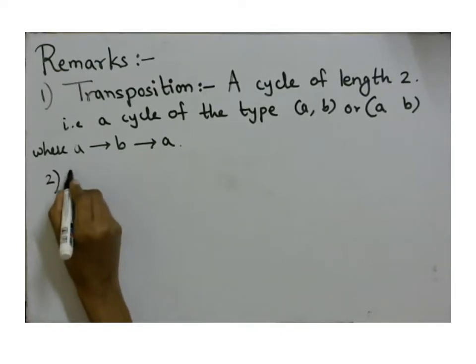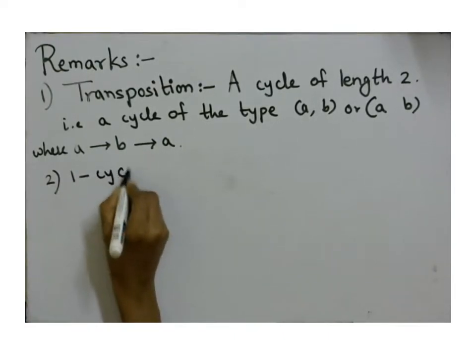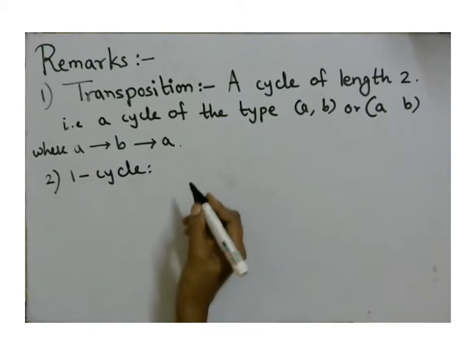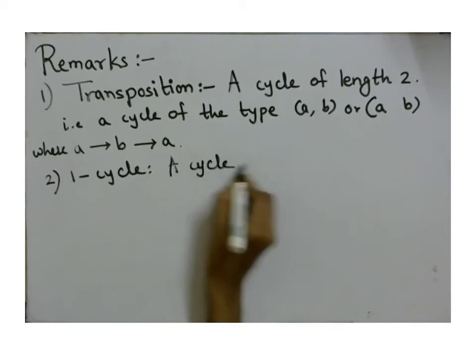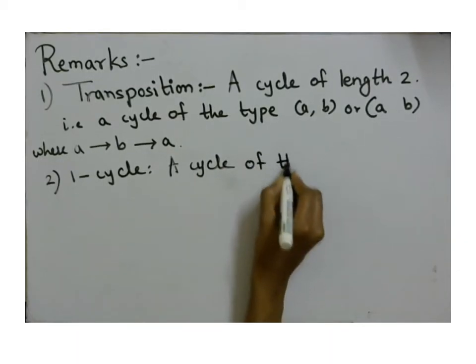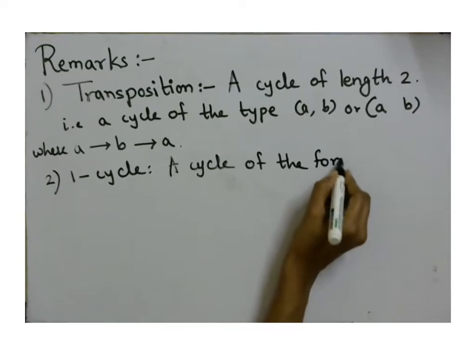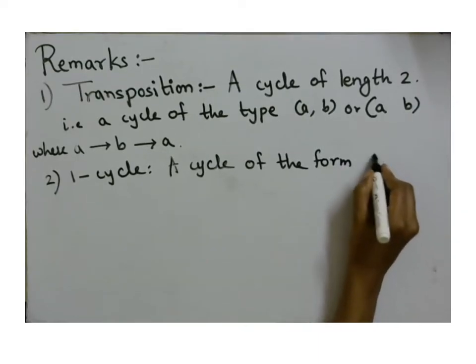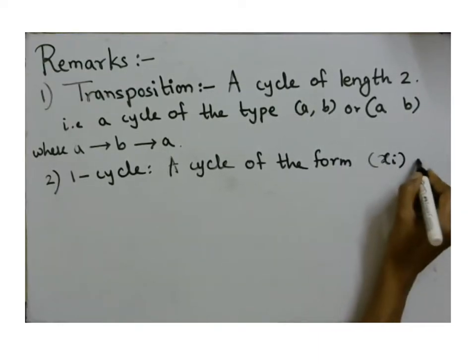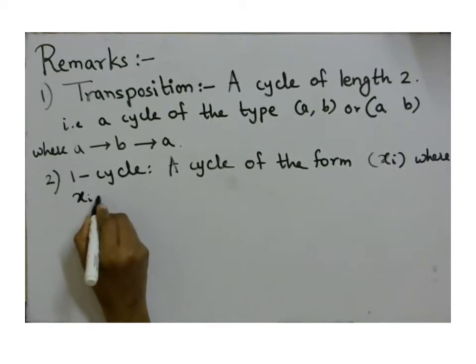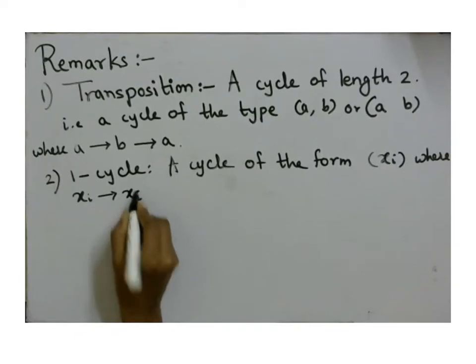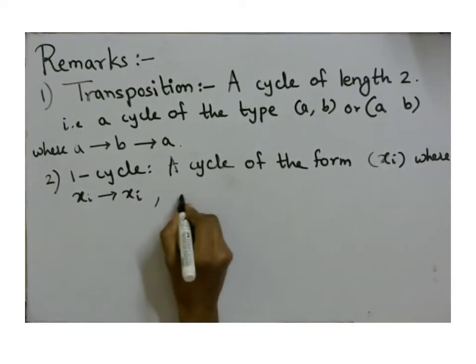Second remark, one-cycle. A cycle of the form (xi), where xi maps to itself, that is, xi maps to xi, is called a one-cycle.